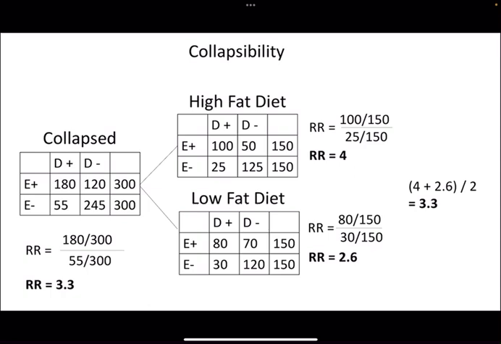And in this case, it doesn't need to be weighted because the same number of people are in the high fat and low fat strata. But when something is collapsible, that essentially means that the true collapsed value, 3.3, is within the bounds of the 2 stratified tables. So 3.3 is between 4 and 2.6. And it is a weighted average of 4 and 2.6.